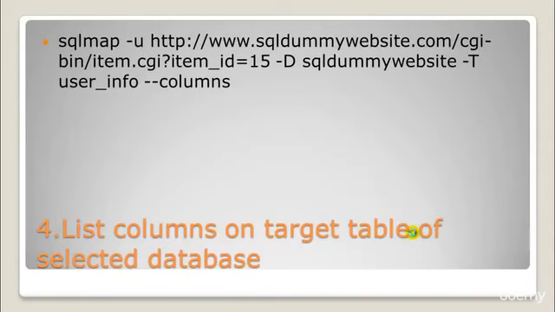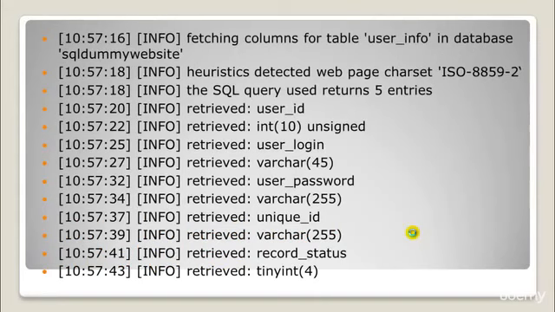This specific query, when run, will give us these columns: user ID, int unsigned, user login, varchar, user password, varchar. So this is exactly what we're looking for: target table, user login, and user password.